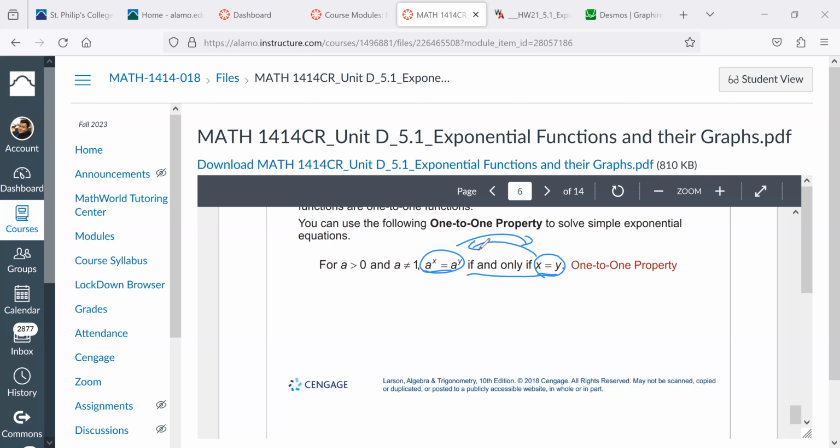It's a powerful statement that basically says if I have an equation, let's pretend I say x is equal to y, then I could introduce any base that I want, as long as it fits these conditions. I can bring an a underneath and bring an a underneath.